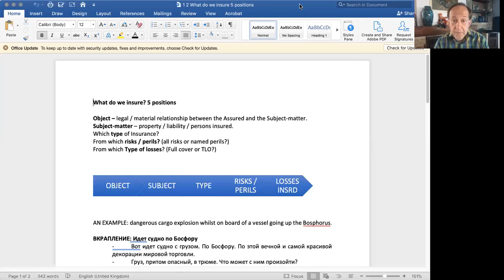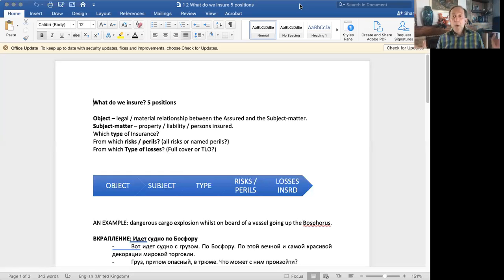There are different risks, but first we have to decide upon the type of insurance, or class of insurance, if you like. And we have property insurances, liability insurances, health insurance, and so forth. So let's say that we are talking about property insurance. We've settled upon type.